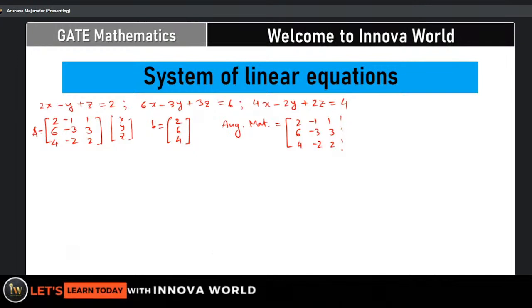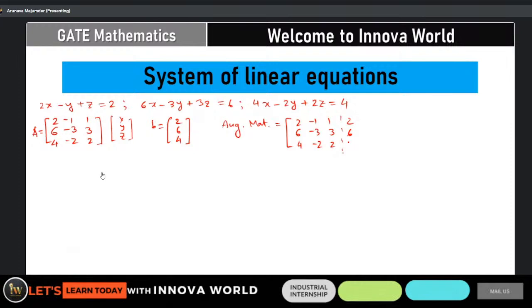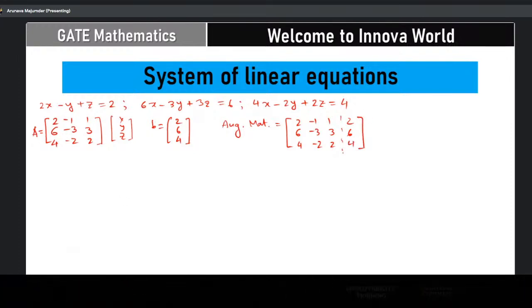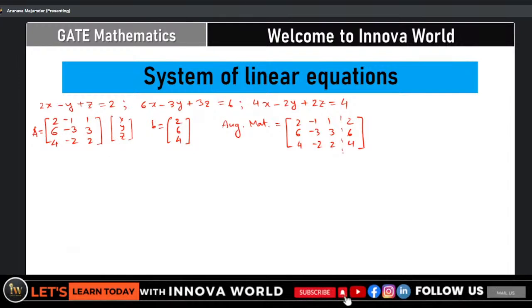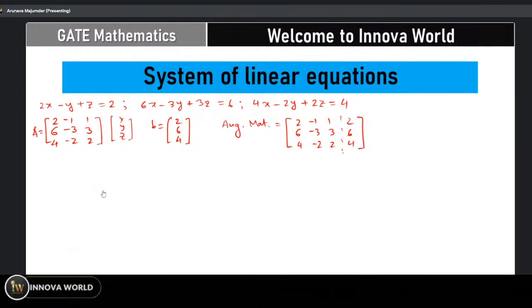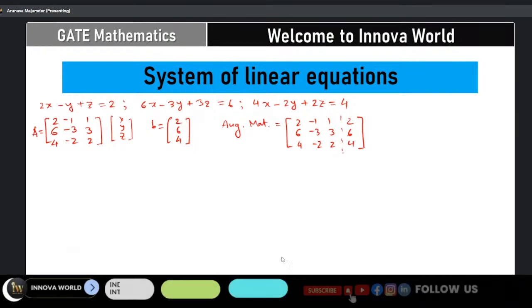And what is the B matrix? B matrix is 2 6 4. So this is the augmented matrix. Now we need to use elementary row operations to find the rank of the augmented matrix first, and after that the rank of the coefficient matrix can automatically be found.